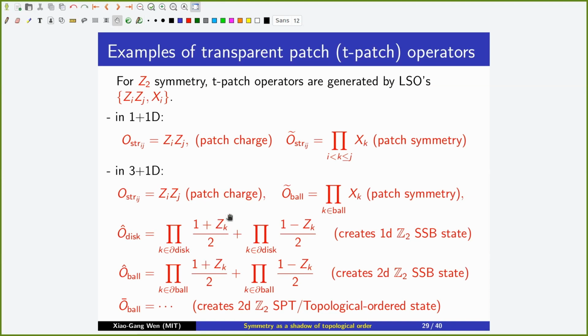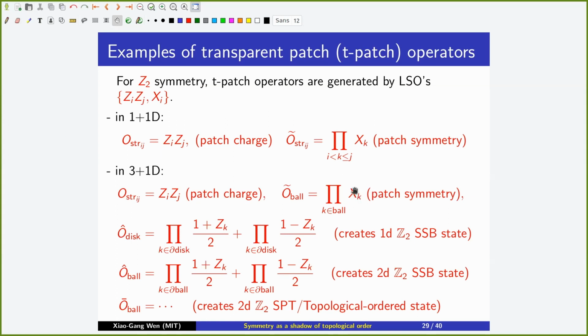And this operator alone does not commute with the ball operator. Suppose this disk is inside this ball, then the Z will be flipped by this X. So you have to add another piece, with a flipped sign Z. Then this combination commutes with it.